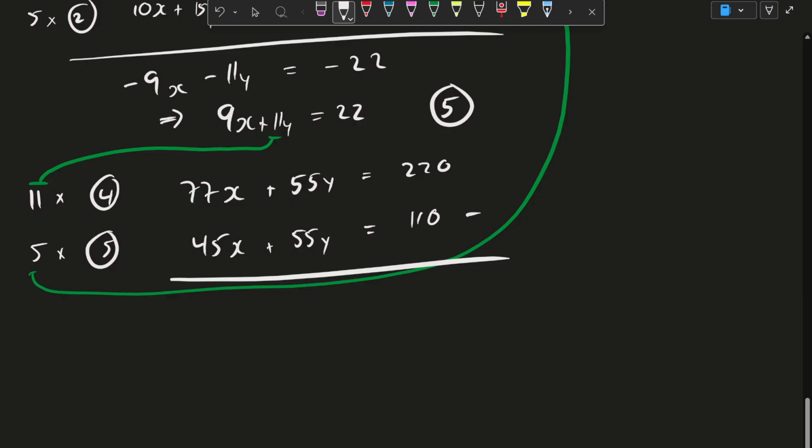So because they have the same sign, we're going to subtract, so they knock each other out. And we're going to need a calculator for this. So we get 32x is equal to 110. Yeah, we're not really going to get nice answers here either. We get x is 55 over 16.